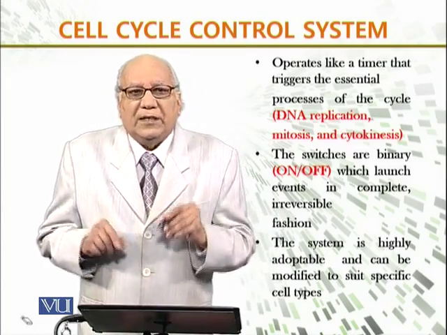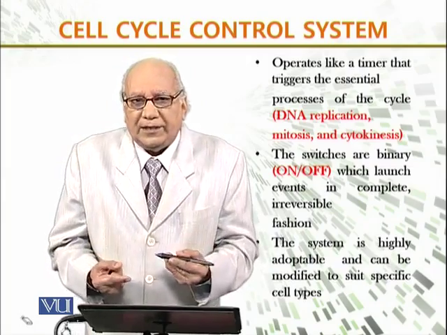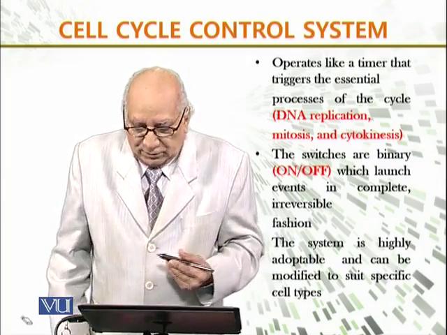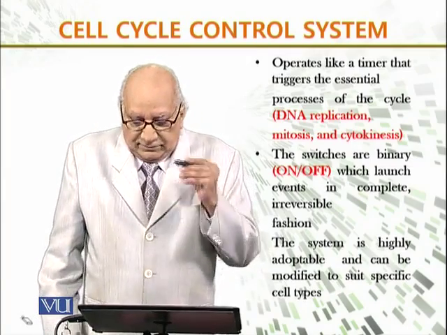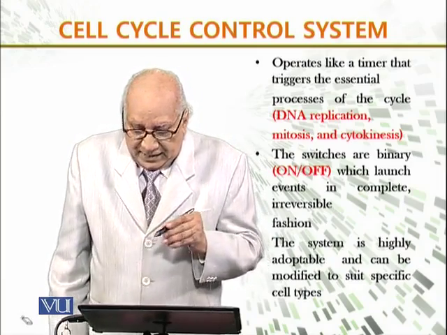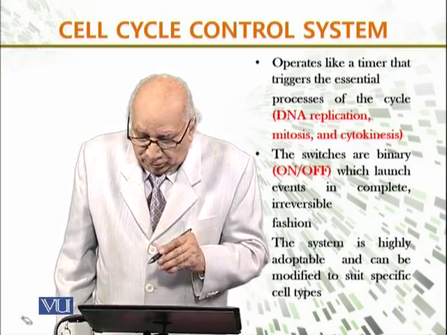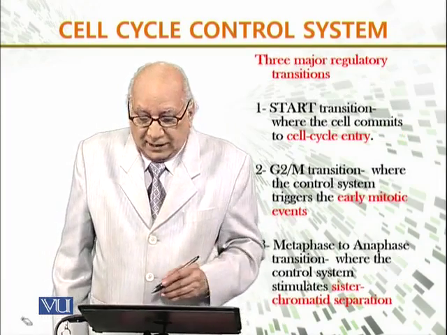Binary on-off switches are just like a light switch or the switches in a car, and they launch events in a complete, irreversible fashion. The system is highly adaptable and can be modified to suit specific cell types.